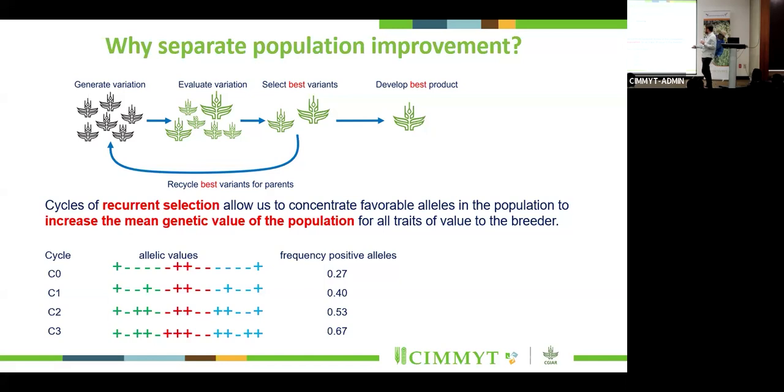So we have to strike a balance of a completely closed population. That's the fastest way to increase the allele frequency. But there's resistance genes, for example, hanging around in other material that we want to bring into that population. We still need to bring those in, but we need to do it in a controlled way so as not to too negatively impact our ability to increase the allele frequency.